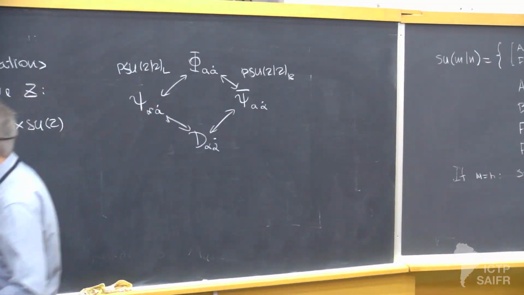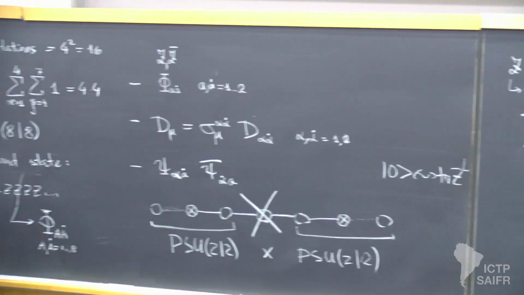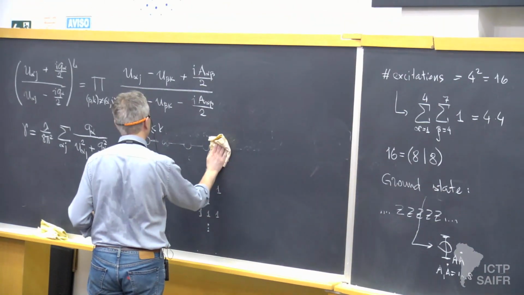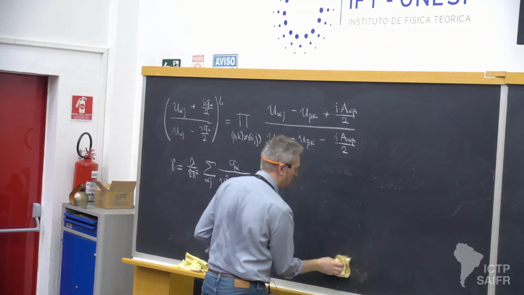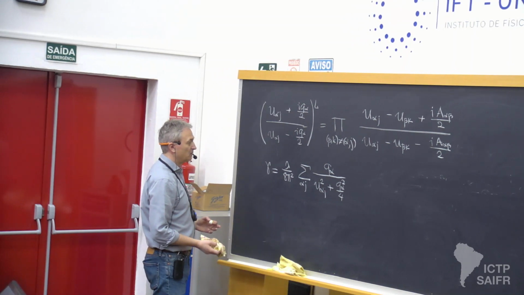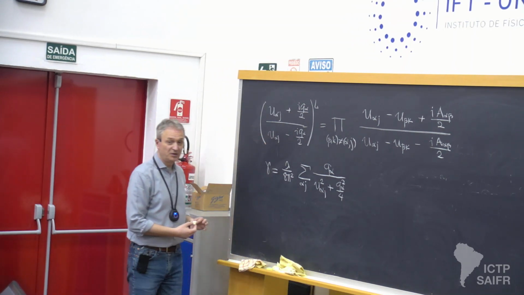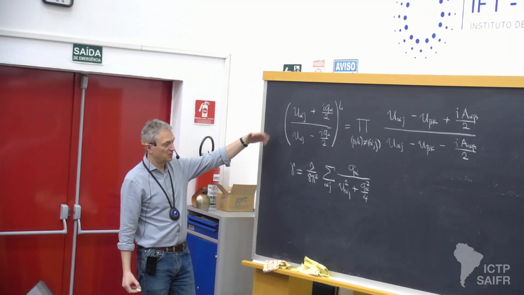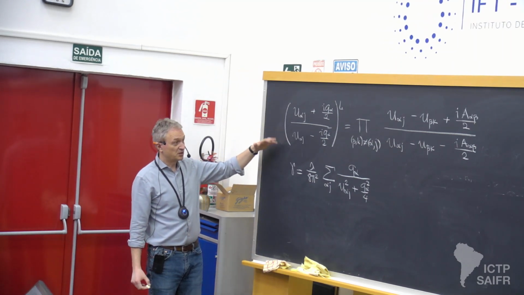All right, so let me describe mostly in words what happens at higher loops. The salient features remain the same. So there still will be some Bethe equations with the same degrees of freedom.